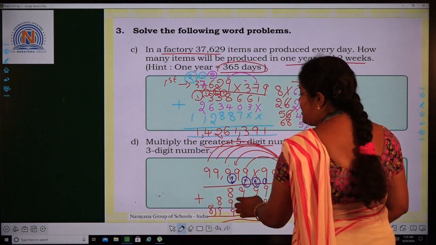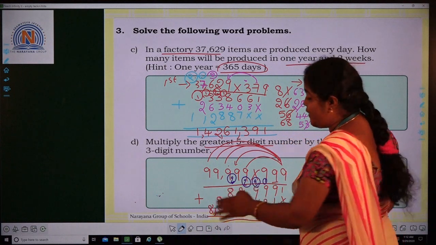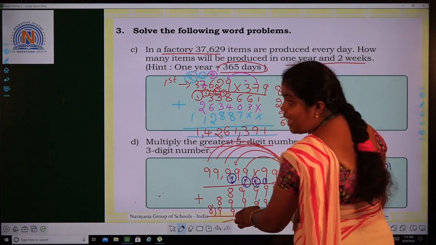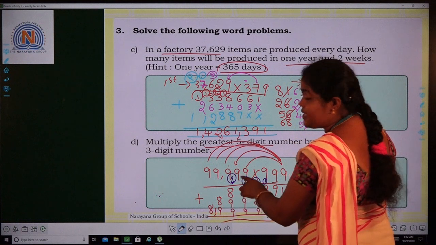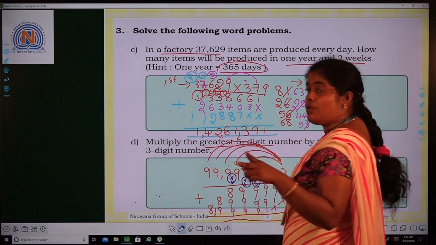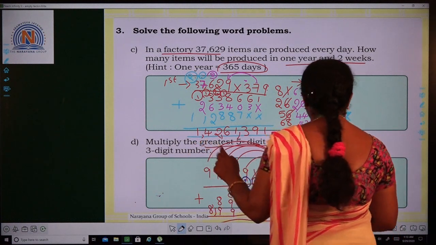Next, 8 plus 9 is 17 and 17 plus 9 is 26. 26 plus 2 is 28.